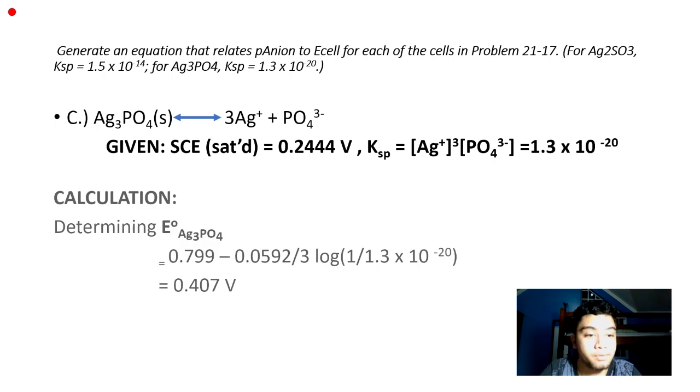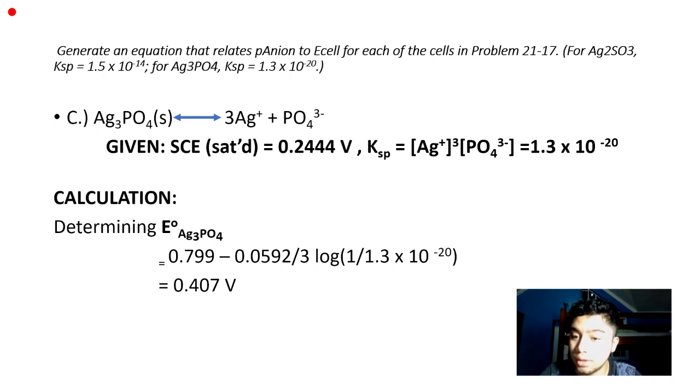So let's move on. For the calculation, in determining the E Ag3PO4, we use the standard electrode potential of silver once again, since it contains silver. So 0.799 minus 0.0592 all over 3.